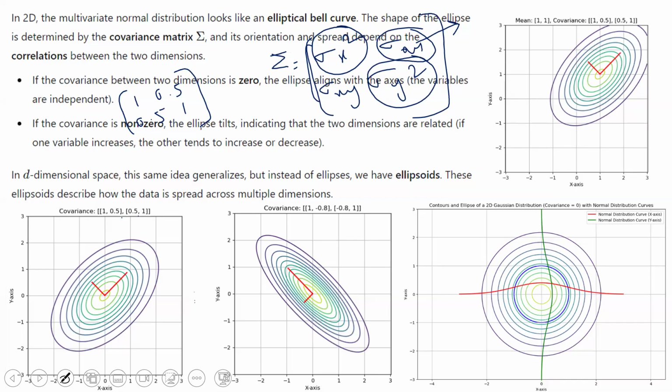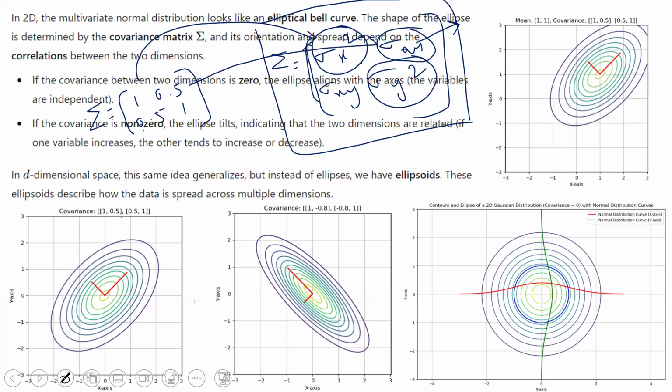This is the covariance matrix given to you. You know this is the formula of the covariance matrix and these are the values given. What is sigma x squared? What is sigma xy?